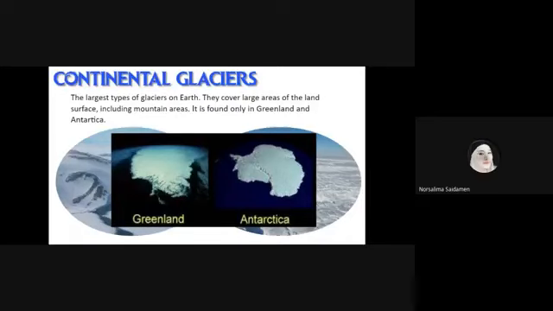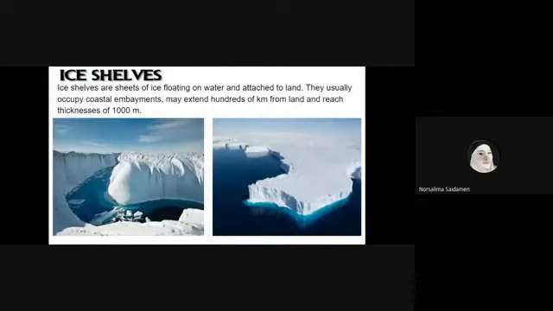So now we go to the ice shelves. Ice shelves are sheets of ice floating on water and attached to land. They usually occupy coastal environments and may extend hundreds of kilometers from land and reach thickness of 1,000 meters. Ice from enormous ice sheets slowly oozes into the sea through glaciers and ice streams. If the ocean is cold enough, that newly arrived ice doesn't melt away.